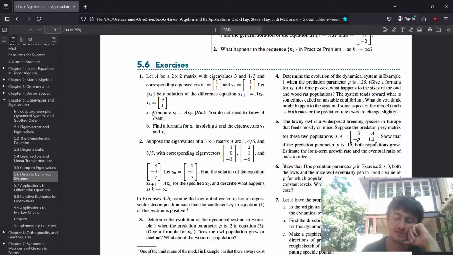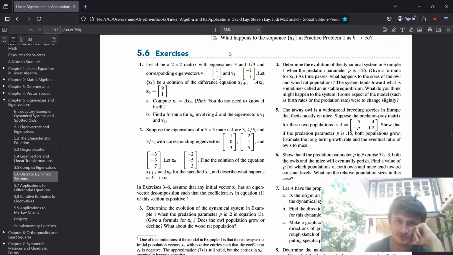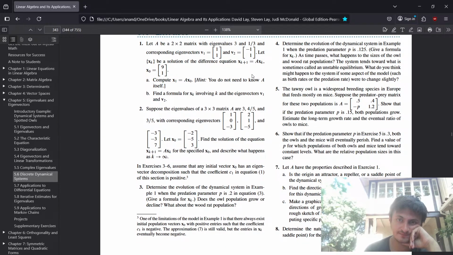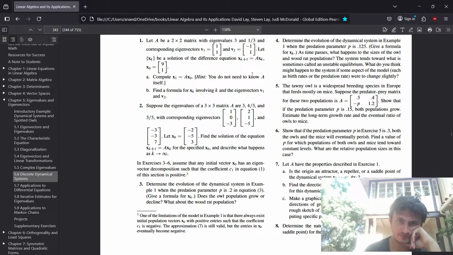Okay, so we definitely need to read this section because I don't know exactly how to do that. I mean, surely you can use the eigenbasis or the eigensystem as a way to find it.